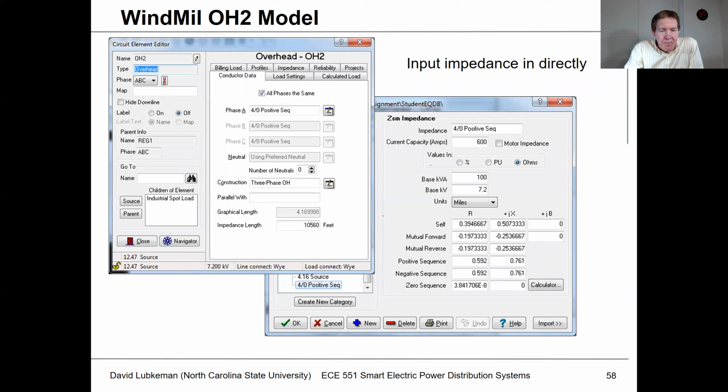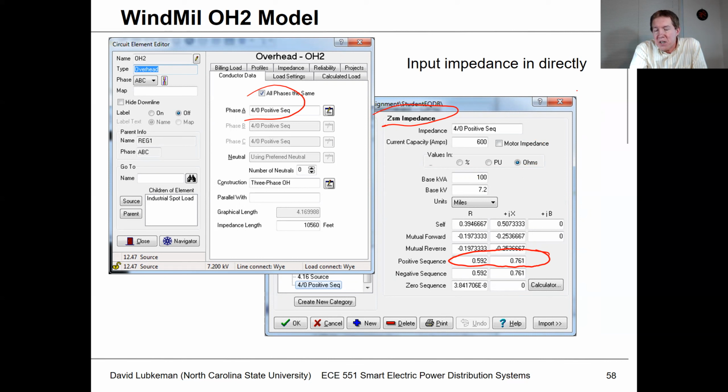And then for the second overhead segment, I'm entering these models a little bit differently. What I'm using in this case, and you can't see the left-hand side of this, is what's called a ZSM model, where I'm entering in the positive sequence values directly, where the positive sequence values are 0.592 plus J 0.761 ohms per mile.